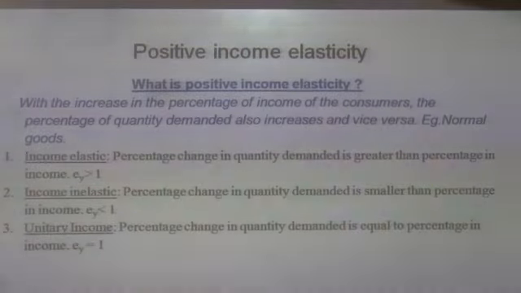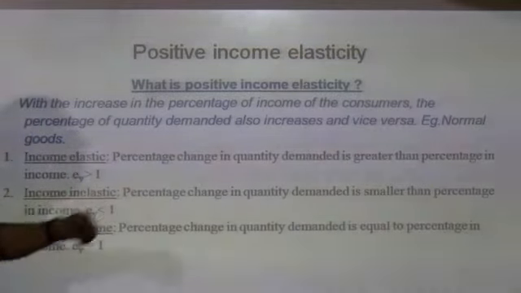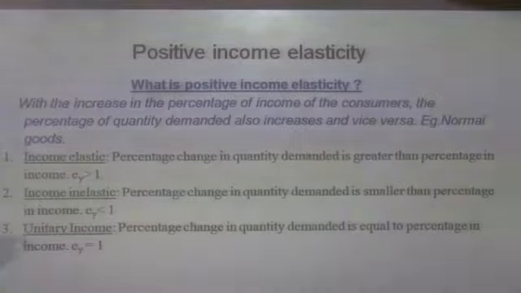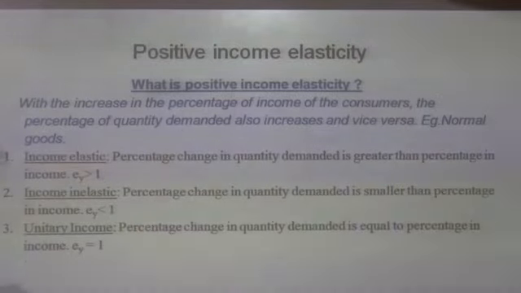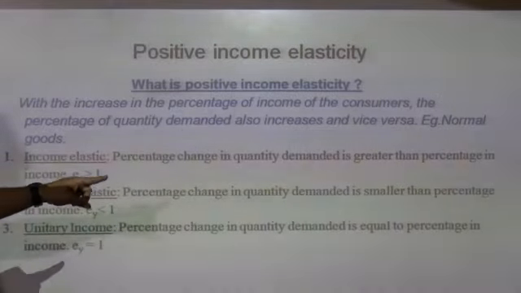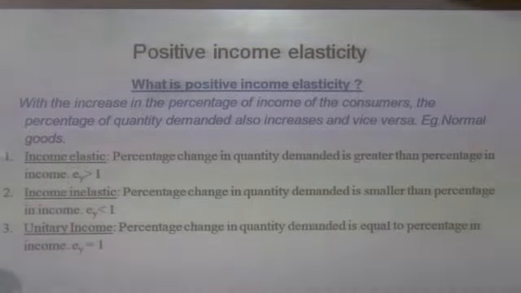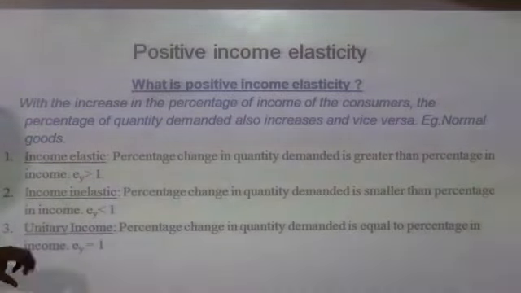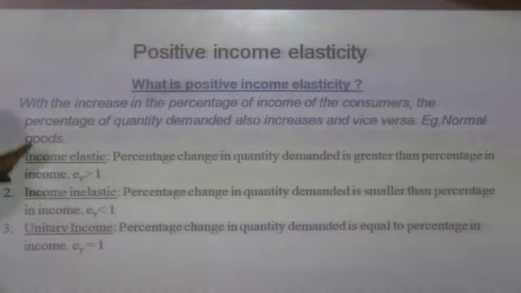Income elastic: here, the percentage change in the quantity demanded is greater than the percentage change in the income, so it is greater than 1. Second, income inelastic: the percentage change in the quantity demanded is smaller than the percentage change in income, less than 1. And the third one is unitary, where the change in quantity demanded is equal to the change in income. I'll explain this to you now in short.